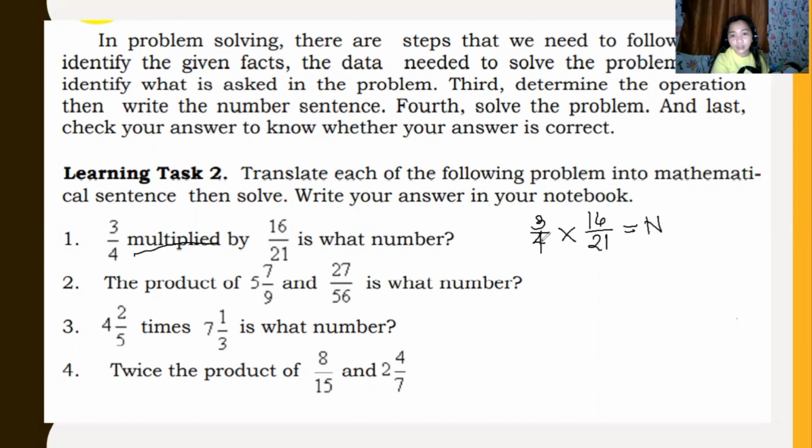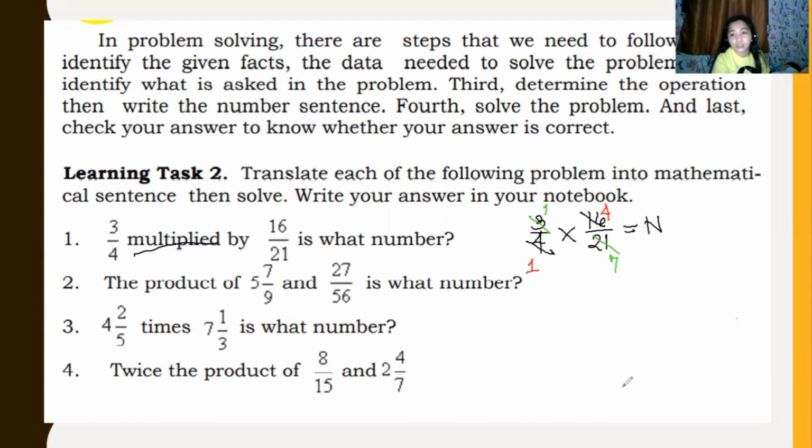We have the pair of numbers 4 and 16, and they are both divisible by 4. 4 divided by 4 is 1, and 16 divided by 4 is 4. And then we have the pair of numbers 3 and 21. They are both divisible by 3. 3 divided by 3 is 1, and 21 divided by 3 is 7.